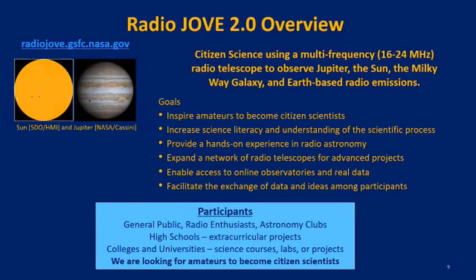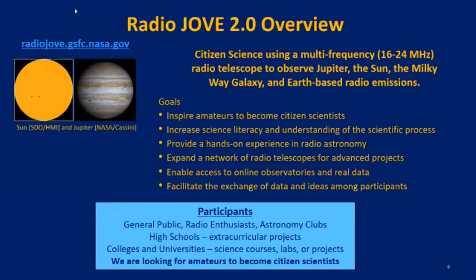off-the-shelf spectroscopes, the software-defined radios, we call them, SDR radios. It's just a nicer tool to be able to, again, build your own radio spectrograph to observe Jupiter, the Sun, Milky Way, and even Earth-based radio signals.